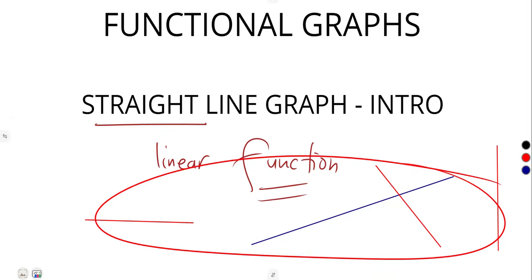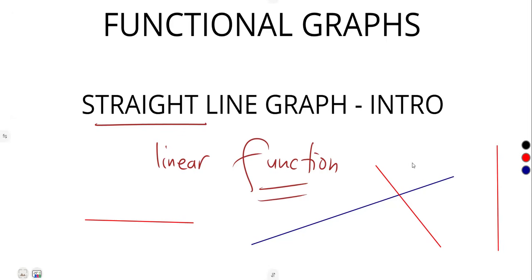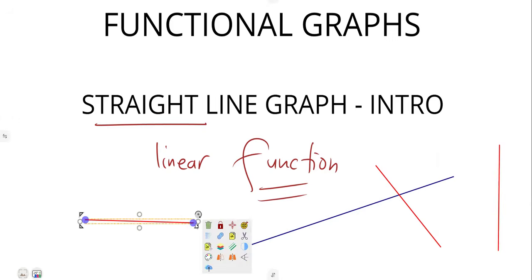These are the expectations that we're going to have: something with a slope, something which is vertical, a vertical line, and something which is horizontal, a horizontal line. So that's a linear function when represented on this graph. We can have something of that nature, like I said here.